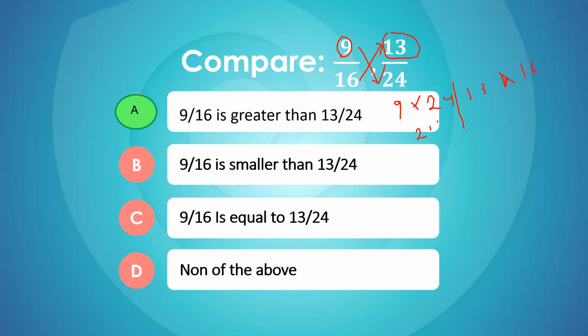So now here you will get 216, and here 13 into 16 you will get 208. I remember the answer because I already solved this. But if they are wrong, then let me know in the comment section.